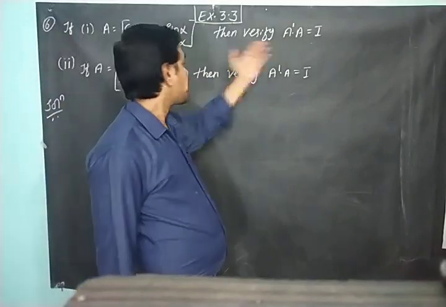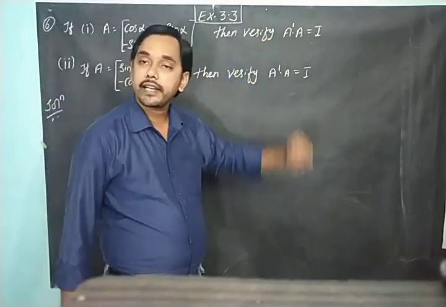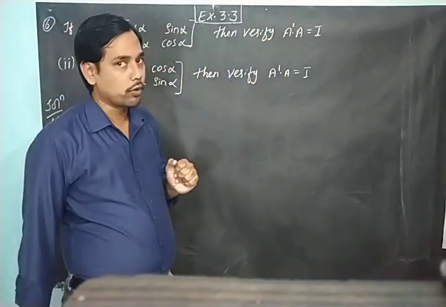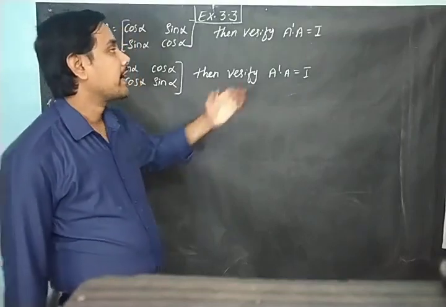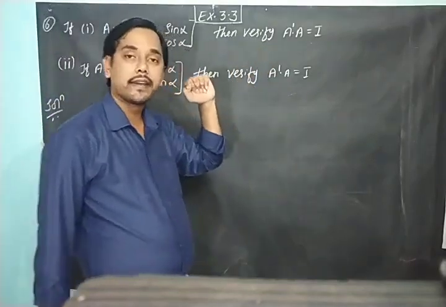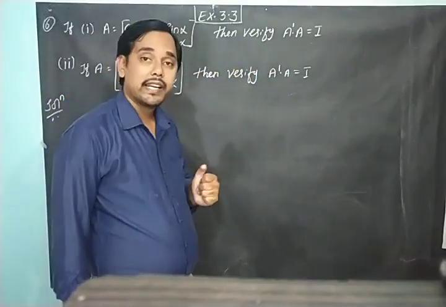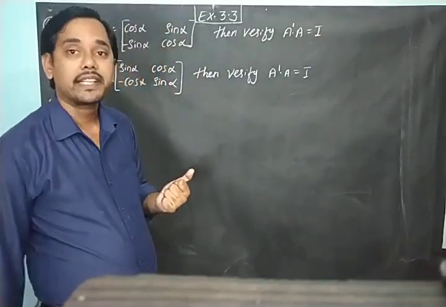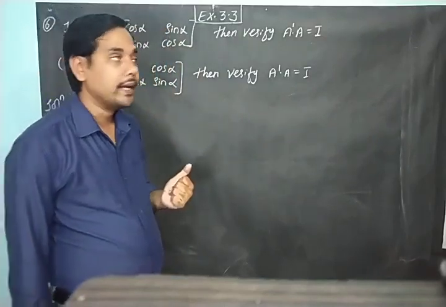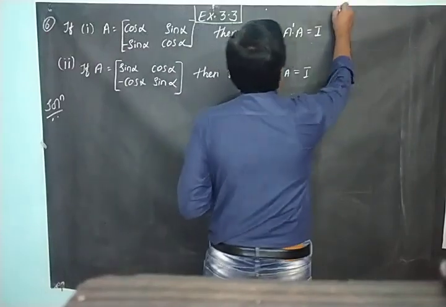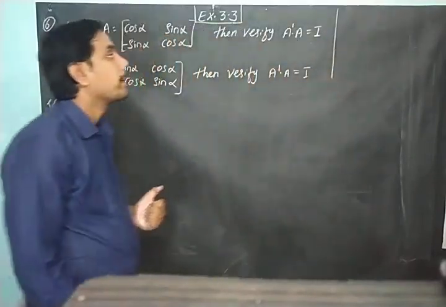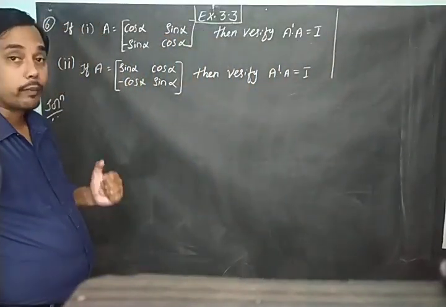What is A dash? A is given, so we can get A dash. A dash is nothing but the transpose of A, right? And we can multiply A dash with A. What is I? Identity matrix, right? What is the identity matrix for multiplication?